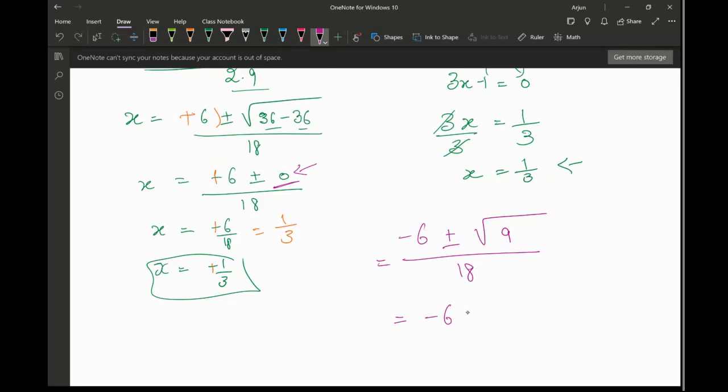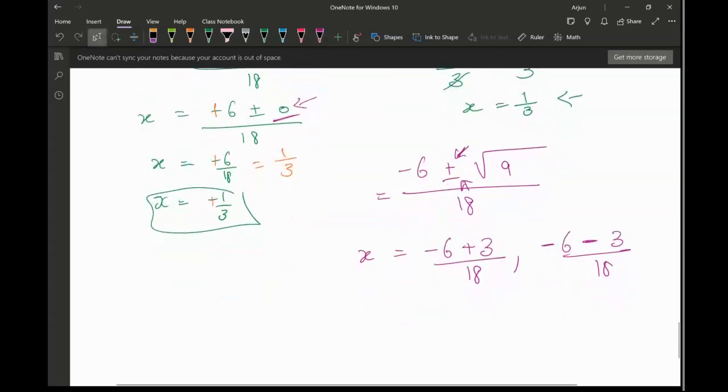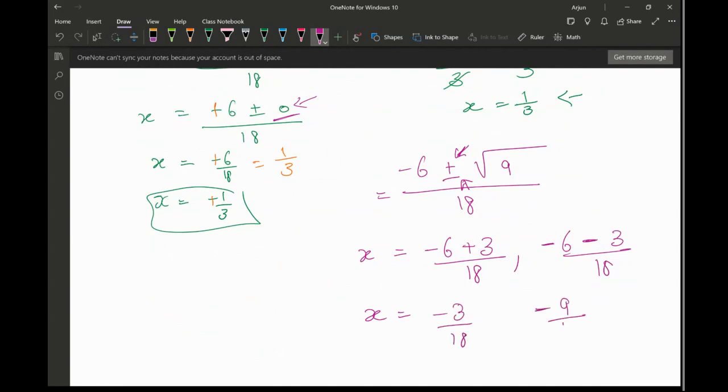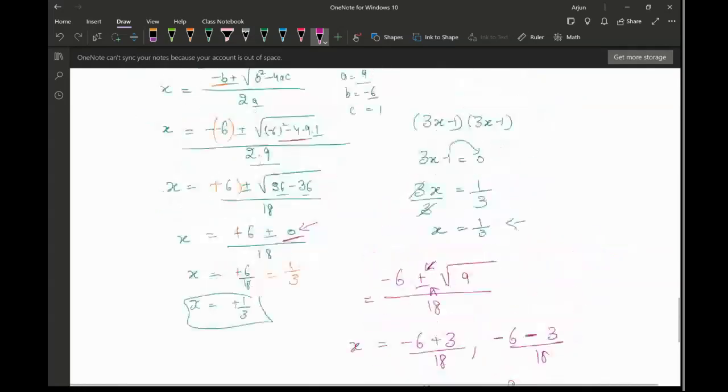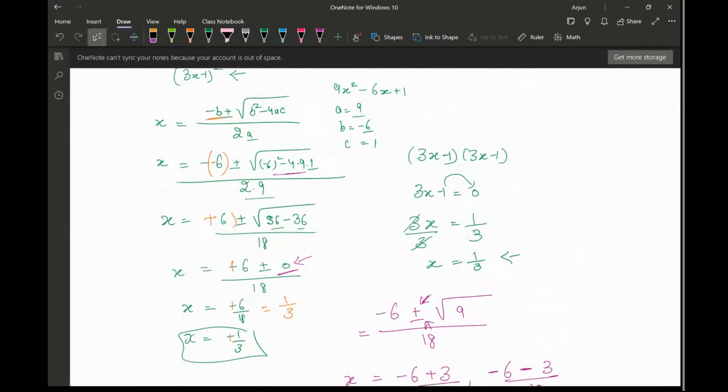So this will be minus 6 plus 3 upon 18, and it will also be minus 6 minus 3 upon 18, because once you solve it using plus and the second time using minus, you will have two answers. This will be minus 3 over 18, another will be minus 9 over 18. So these are the two numbers you're going to get if you are factoring using the formula.